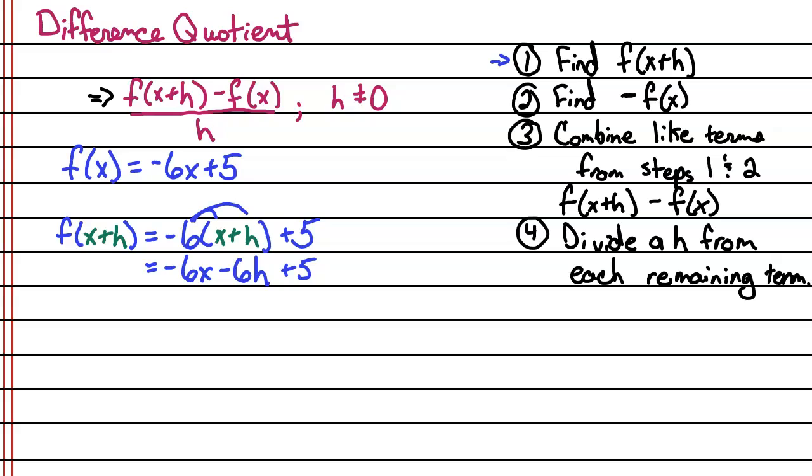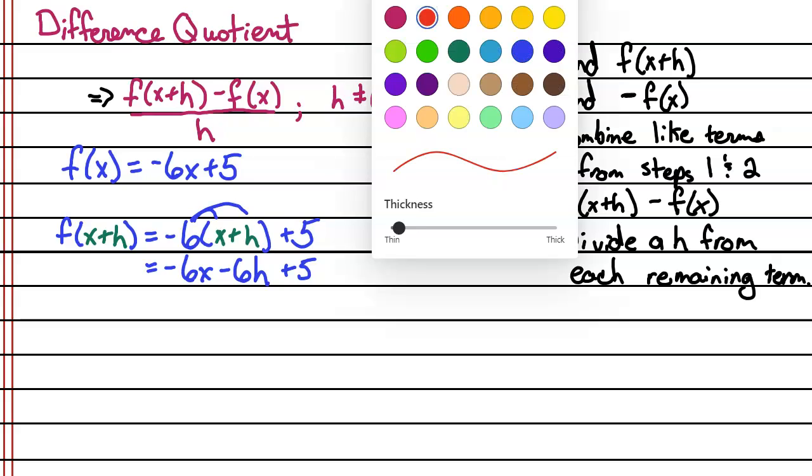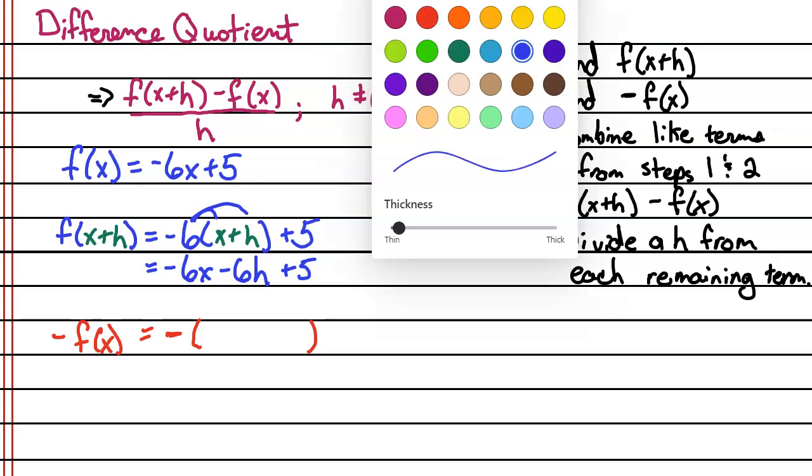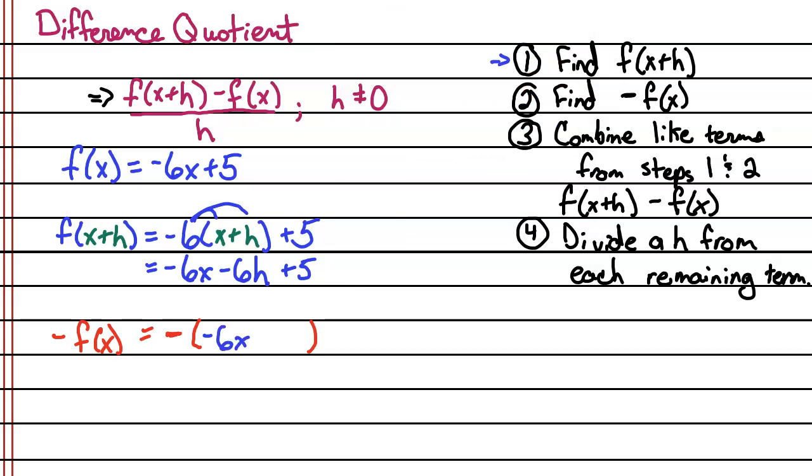Step 2 is to find the opposite of my original function. So basically, I'm just going to put a negative sign in front of that original function. And it's going to look like this.